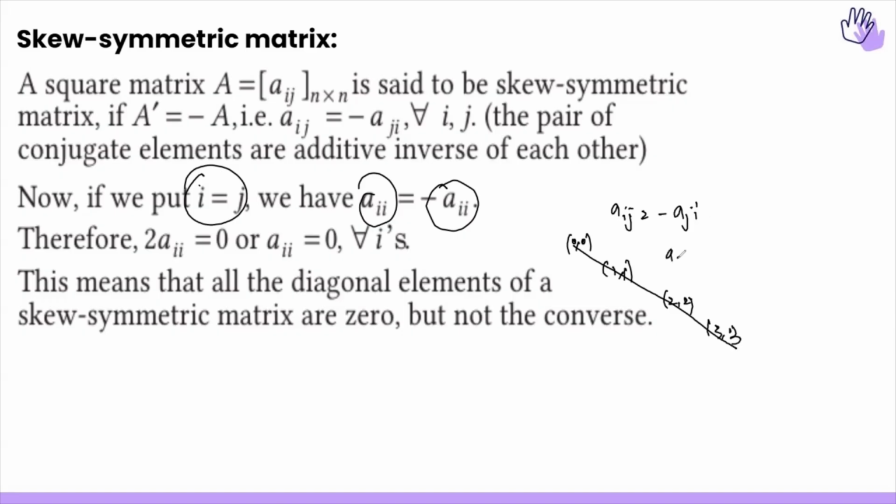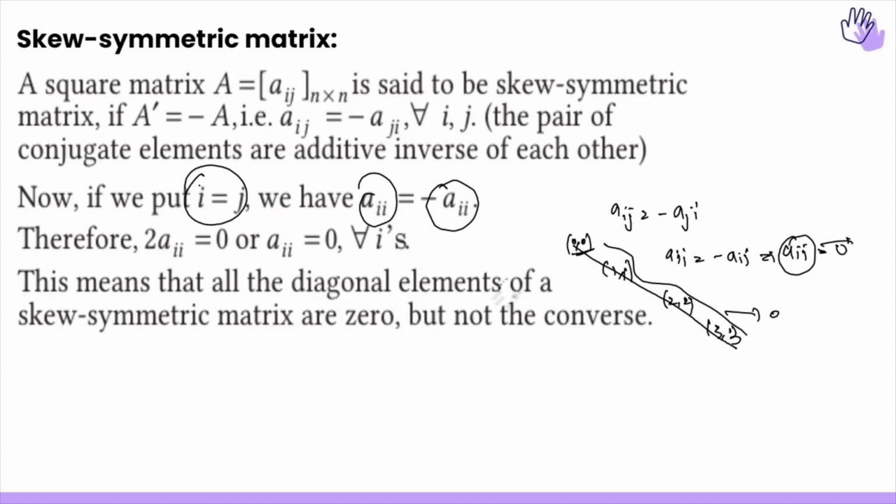If I put i in the place of j, I get aii is equal to minus aii. So from this I get aii equal to 0. That means wherever you have the row and column to be the same, the element at that particular place will be equal to 0. So the diagonal elements should be 0. Okay, so that is the property of a skew symmetric matrix that you can remember.